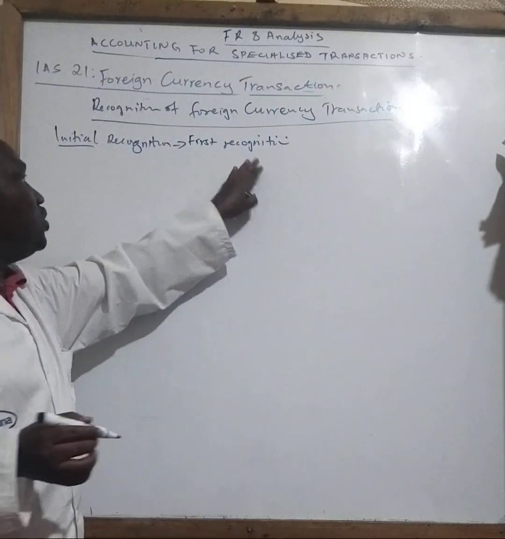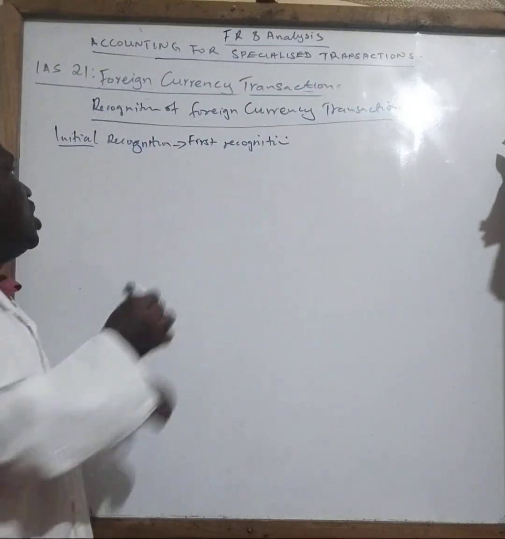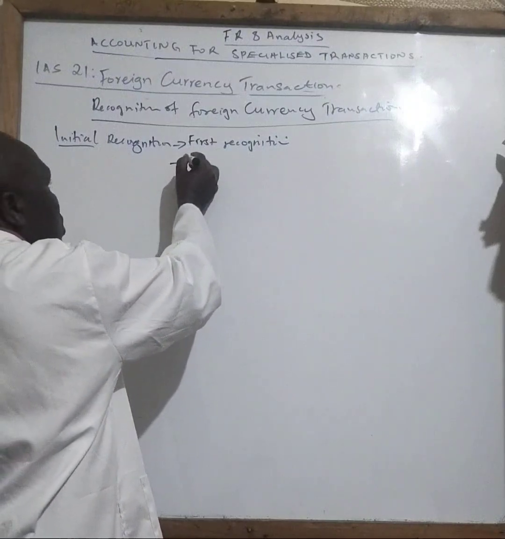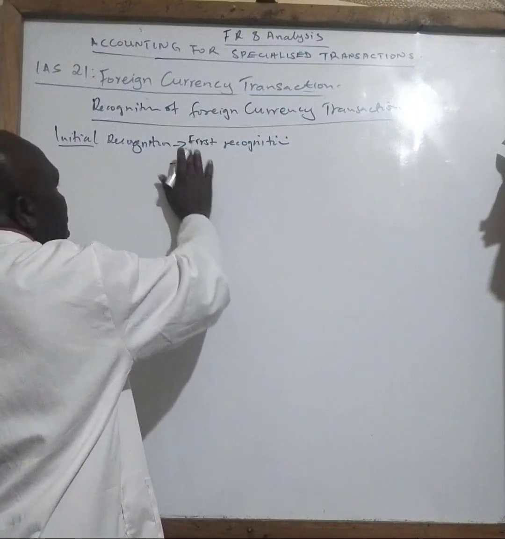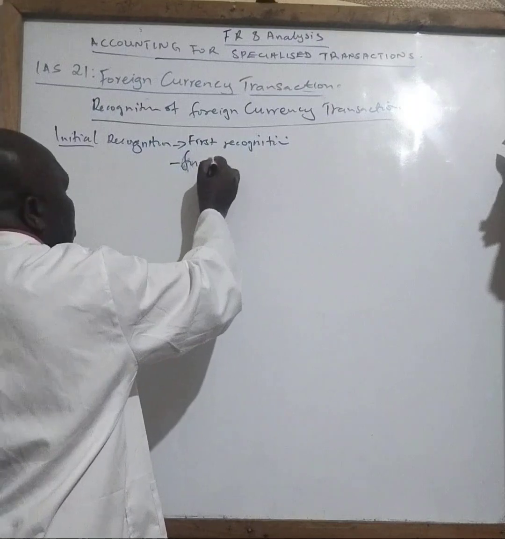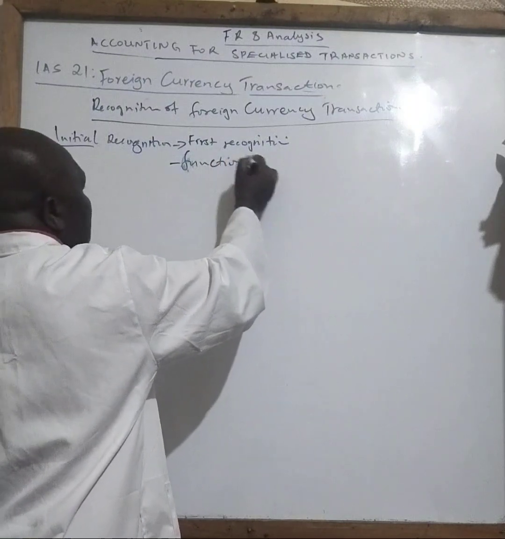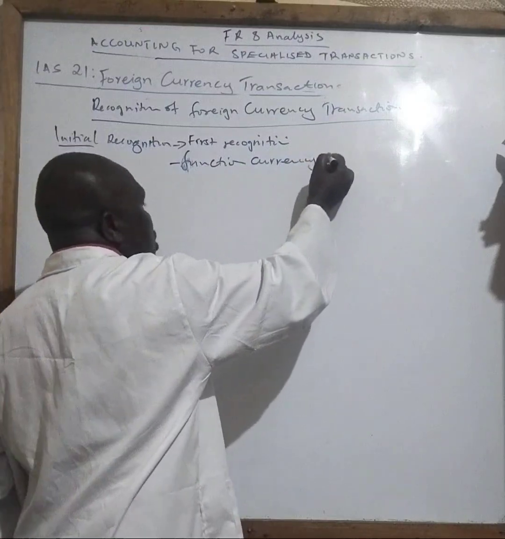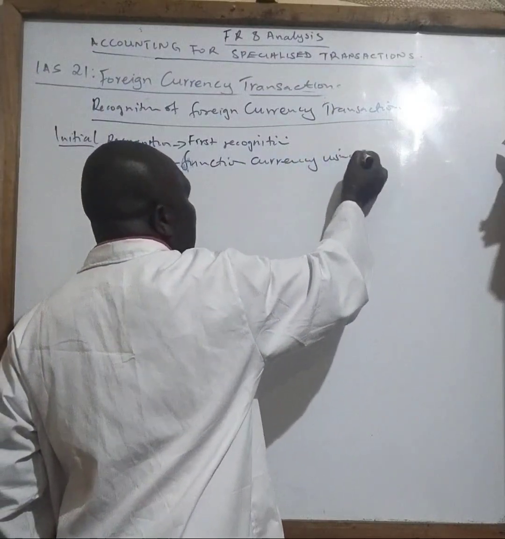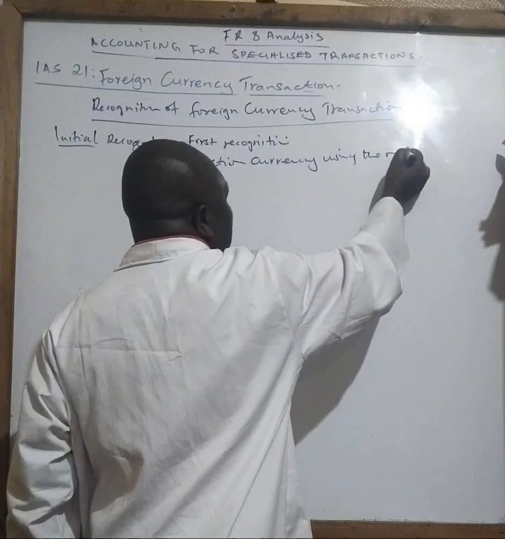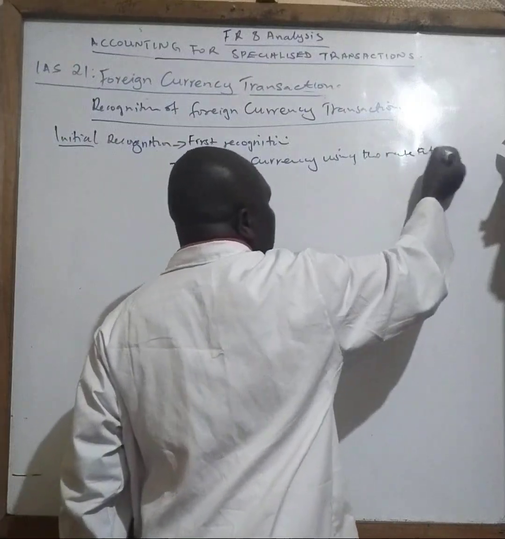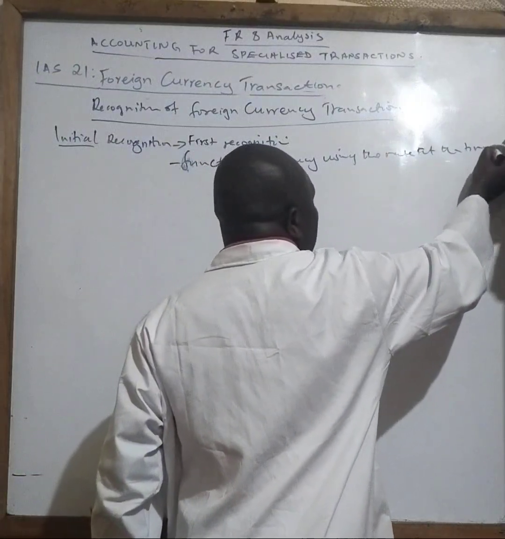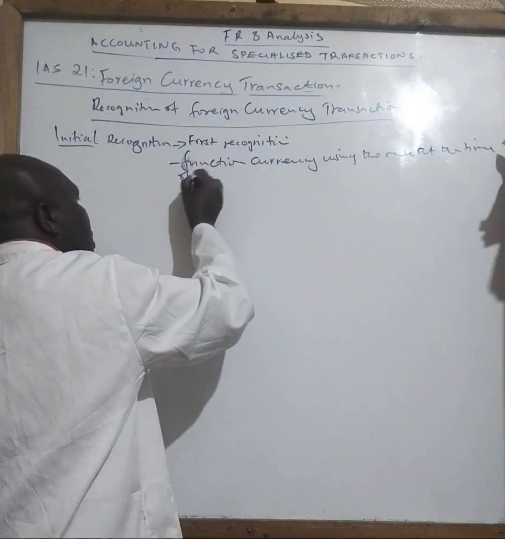So the first recognition in our books of accounts states that you recognize this using the functional currency, using the rate at the time of transaction.